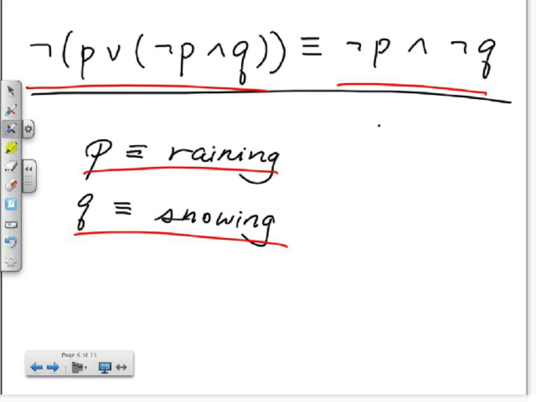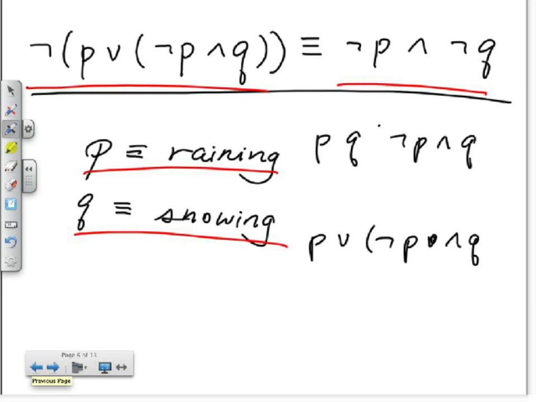Let's try a truth table. If I list out P, Q, and then I have to list not P and Q, and then I also have to list out P or not P and Q, and also I have to list P, Q for not P, not Q, and not P and not Q. To me, that's a little bit too much.